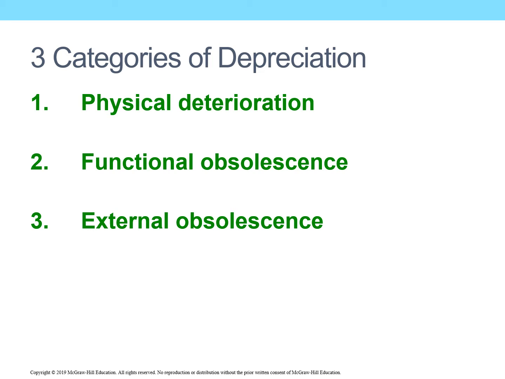It might be due to certain components that are outdated or outmoded. They are not up to the current market standard of those items. And finally, external obsolescence would be a loss due to items or things that are outside of the property itself.